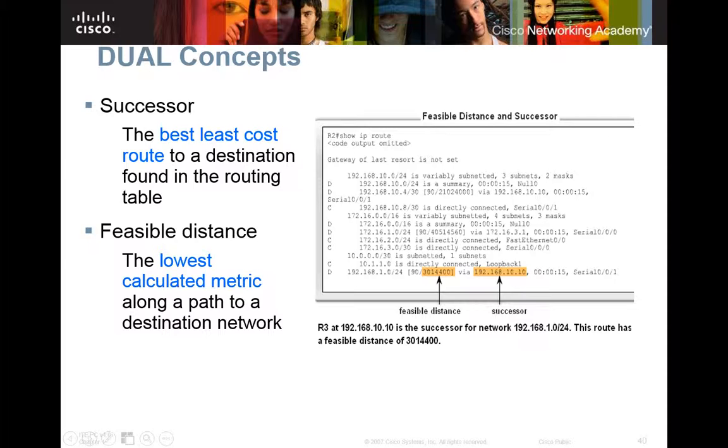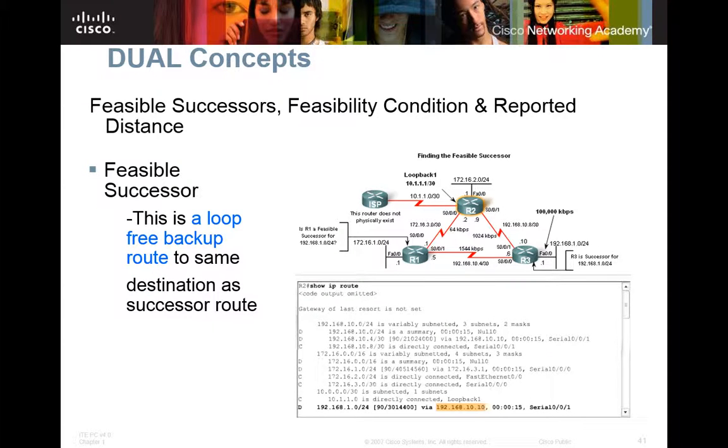That may be my feasible distance, but here's my successor. Basically, it allows you to prevent loops by saying, instead of getting in this loop, go to this network and here you go. All right.